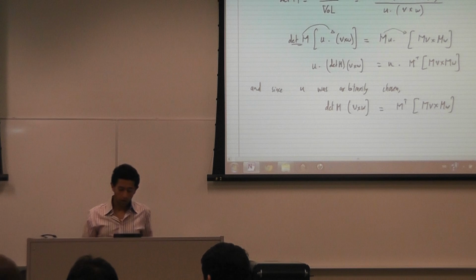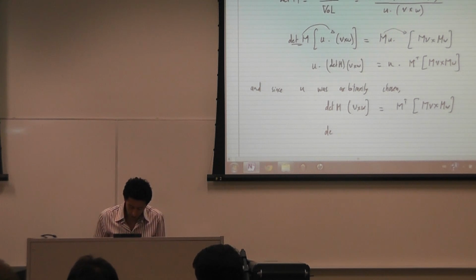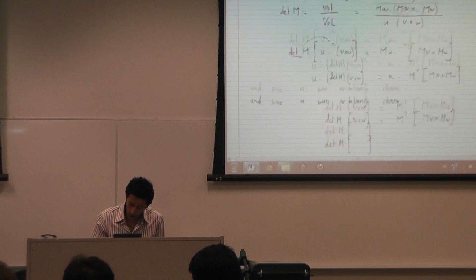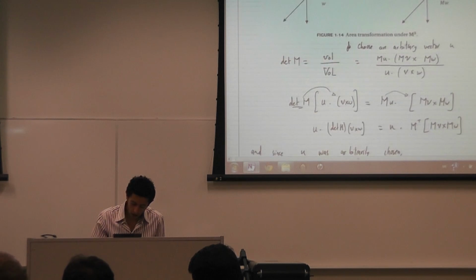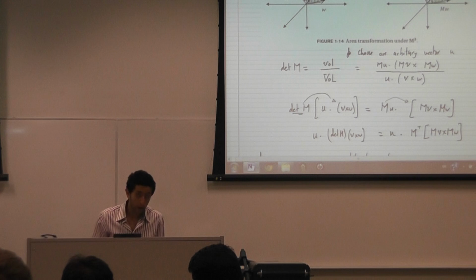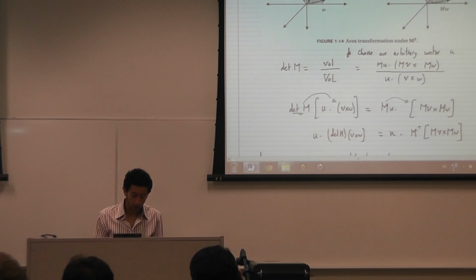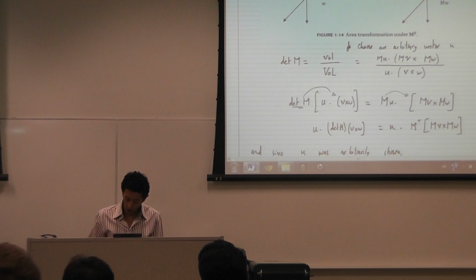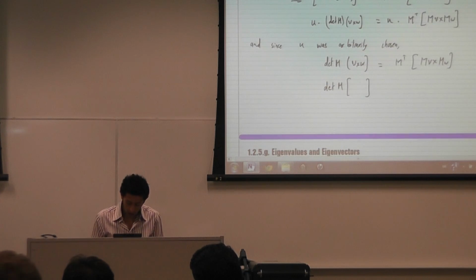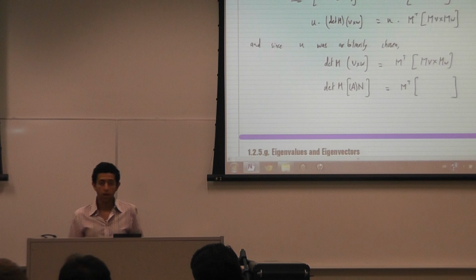Now what's V cross W? V cross W gives me this area in the direction of the unit vector in the original area. So this is capital A N. This is equal to M transpose multiplied by MV cross MW.